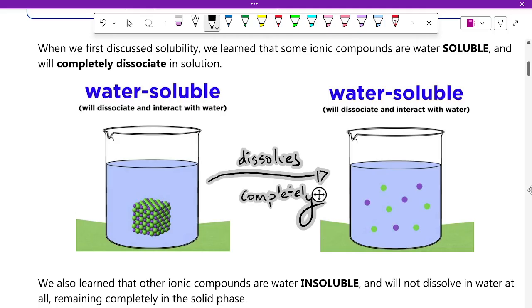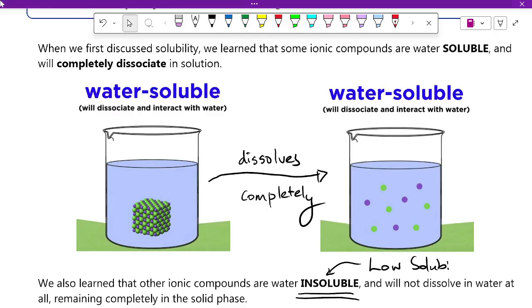If something is insoluble, which in our book we call low solubility, in our table of solubilities, it will not dissolve in water, remaining completely in the solid phase.